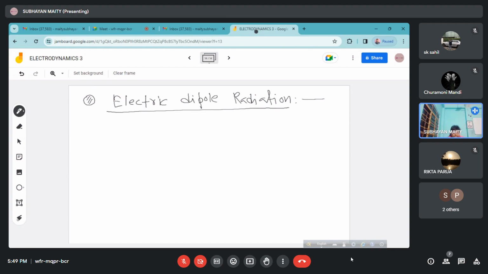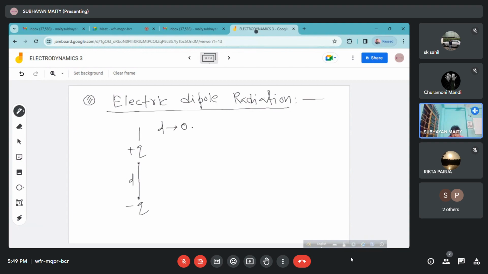An electric dipole is nothing but two equal and opposite charges separated by a very elementary distance d. Suppose this is plus q charge and this is minus q charge. They are separated by some very small distance d, where d tends to 0.